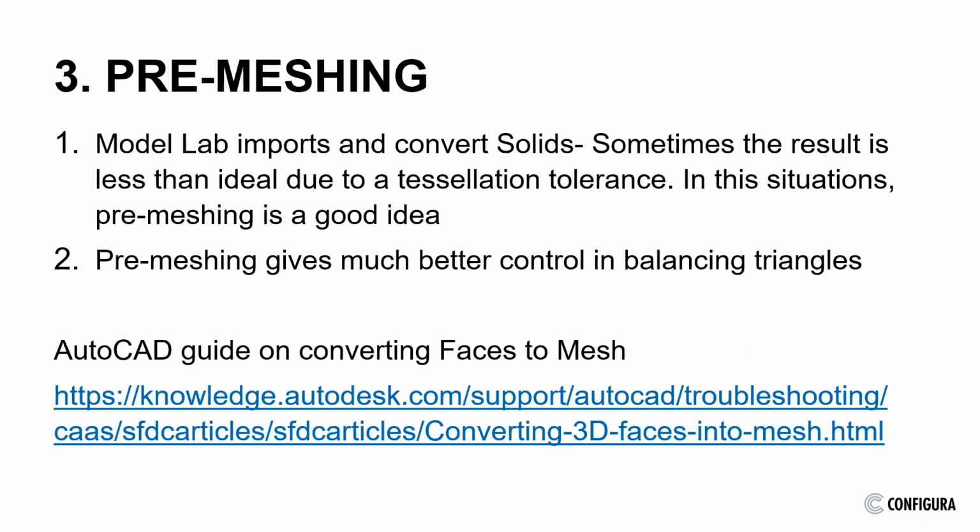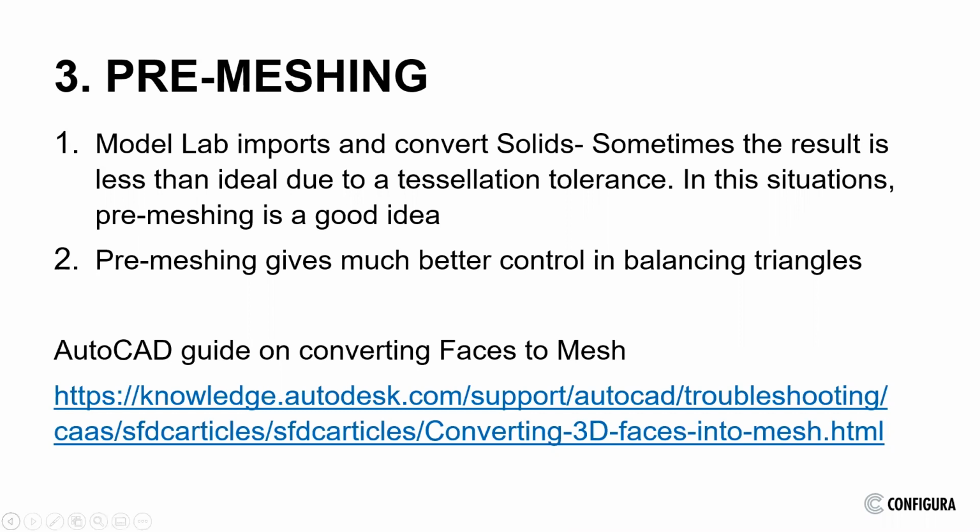It happens like it's too jagged than we would like it to be. So in these situations, I would recommend pre-meshing it. We are working on improving this, perhaps giving a setting that allows much more triangles when you pull something in that is in solid form. But for now, the workaround would be pre-meshing it.